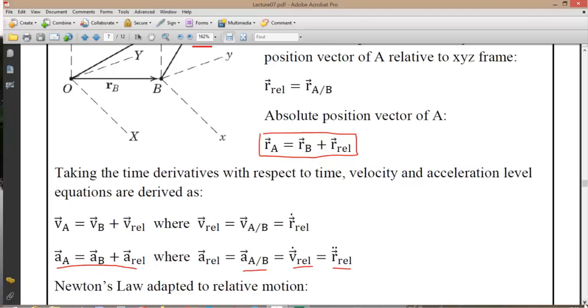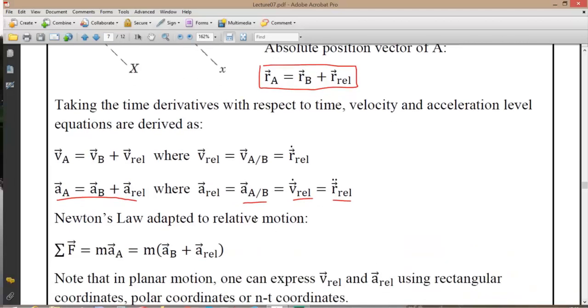The point here is that we can actually adapt Newton's equation F equals ma to our relative motion concept, because the acceleration in Newton's equation, this acceleration of A, is an absolute acceleration always. This is an absolute acceleration vector. Now, we already defined this absolute acceleration of A, measured with respect to an inertial frame, to be the acceleration of an observation frame that is in motion, the acceleration of B, that is, and then the acceleration measured from this observation frame, this is the a relative.